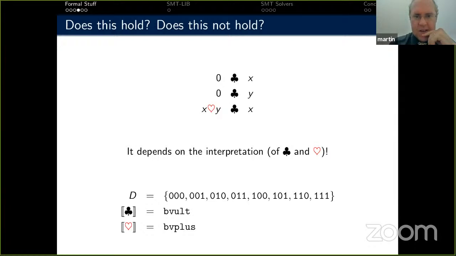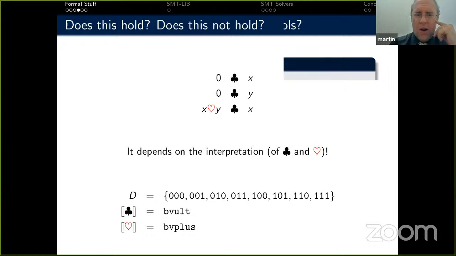But in a practical sense, it's not massively useful, because when you write a formula, you don't entirely know what it's about.